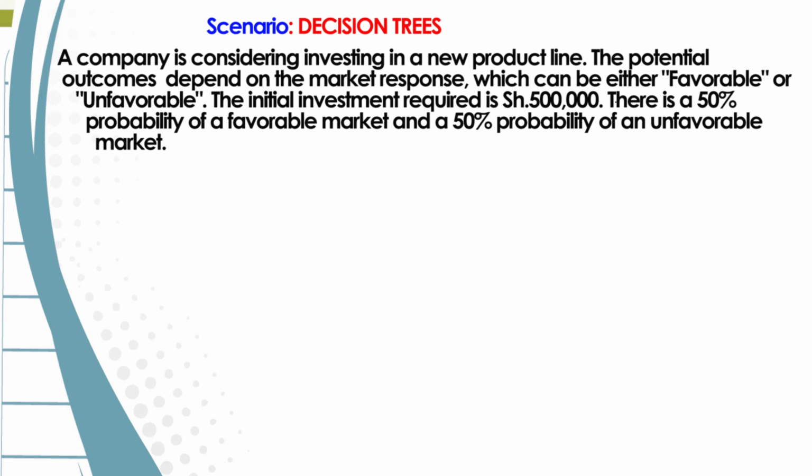The potential outcomes depend on the market response, which can be either favorable or unfavorable. The initial investment required is 500,000 shillings. There is a 50% probability of favorable market and 50% probability of unfavorable market.